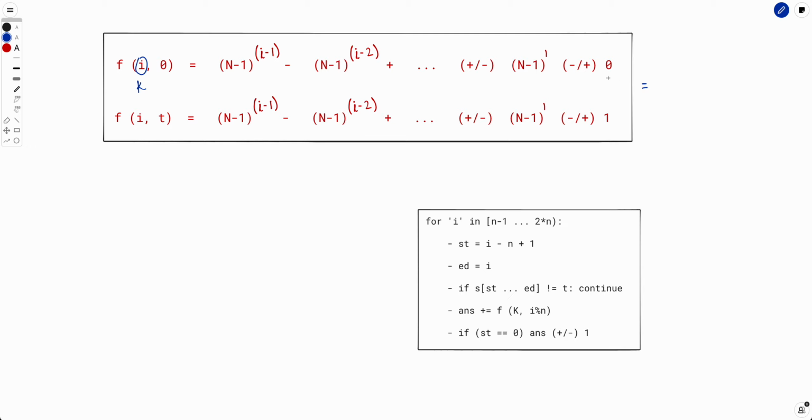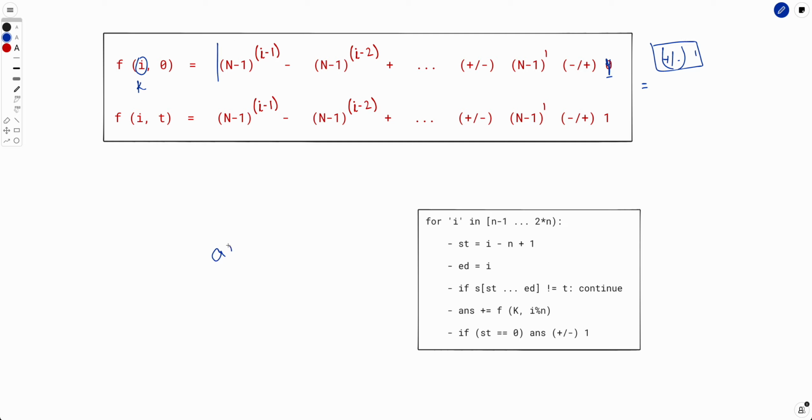If it is 0, it will end with 0. If it is anything else, it will end with 1, right? So for simplicity, we will simply put this 1 and finally add or subtract 1 at the end, right?